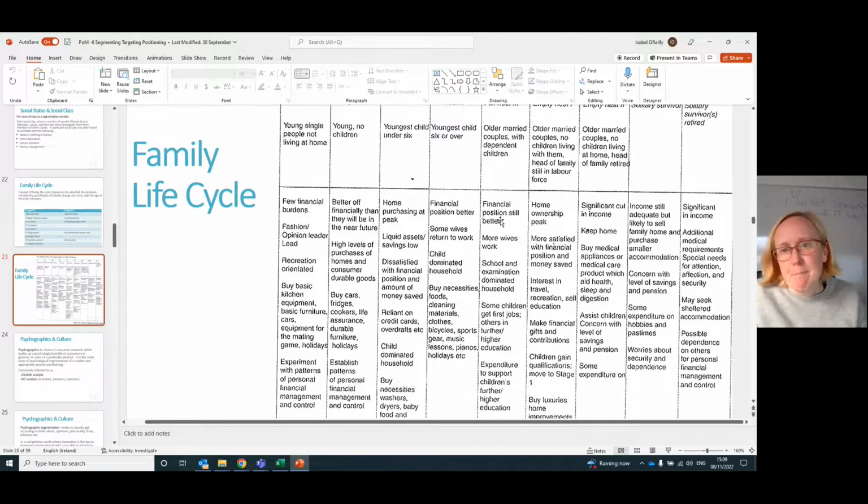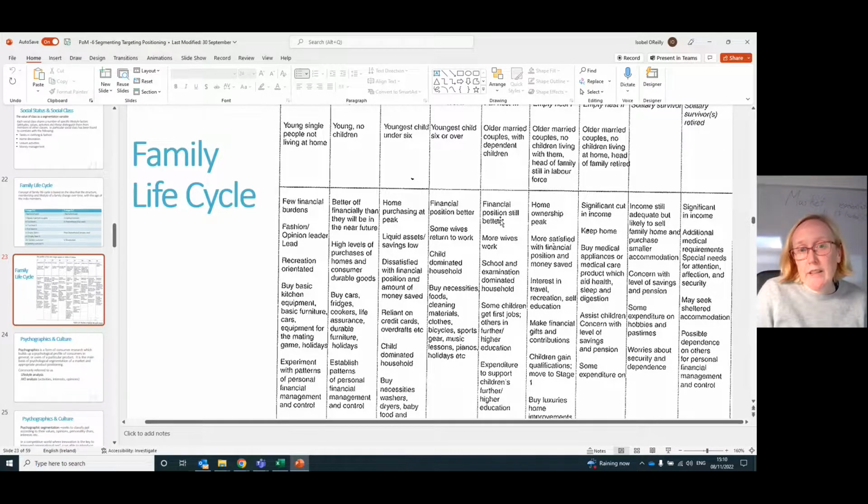And as I said, the couple have progressed a lot in their careers at this point. If wives had taken time off, or partners had taken time off while having kids, they're perhaps likely to be back in work again, resuming careers and more money as a result coming into the house again.